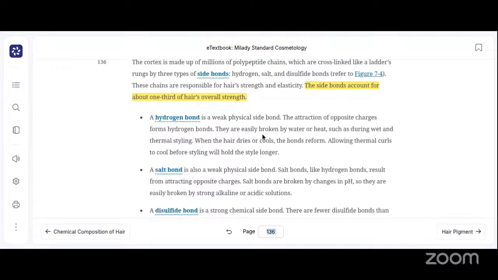It's easily broken by water or heat, such as with wet and thermal styling.